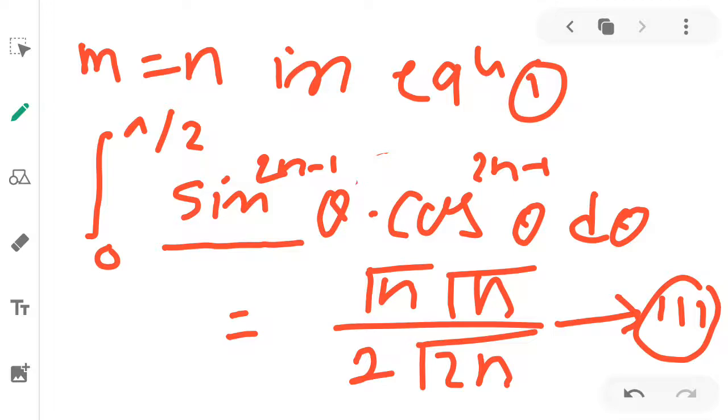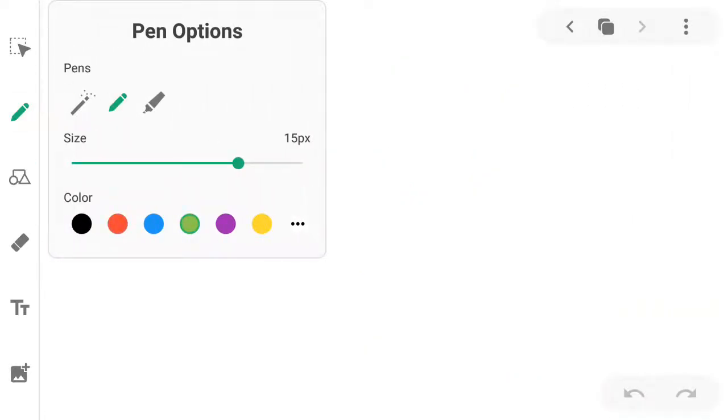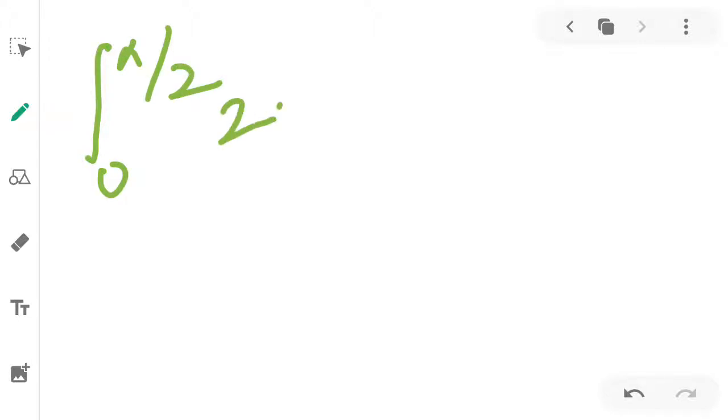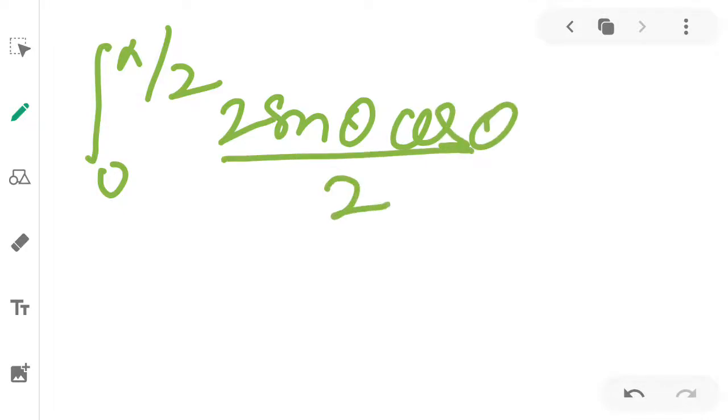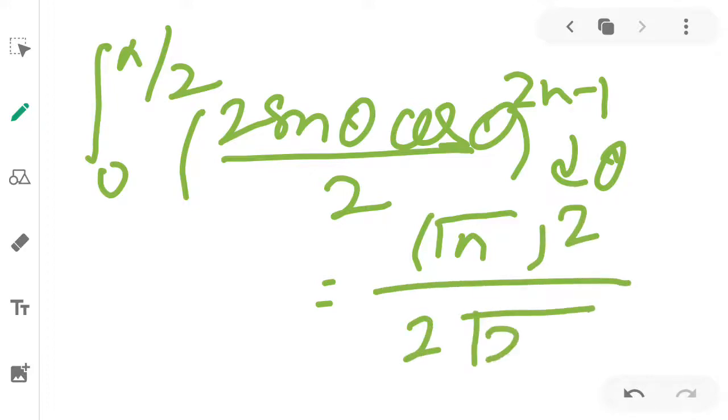So the integral 0 to pi by 2 of (sine 2 theta upon 2) to the power 2n minus 1 d theta is equal to gamma n square upon 2 times gamma 2n.